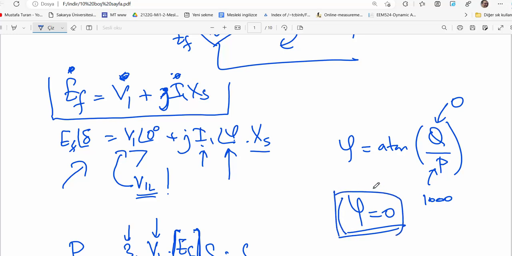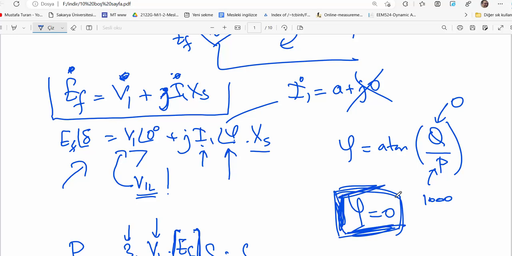So we know the phase displacement, and there's no imaginary part. I mean, I1 phasor is equal to something like this. There is no imaginary part due to no phase displacement. So it is easy to write down here.